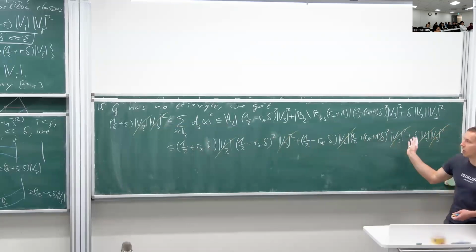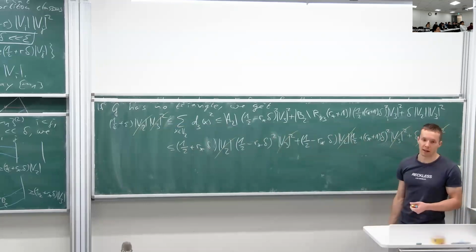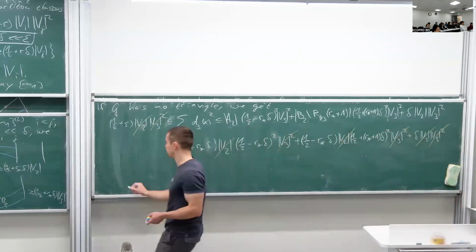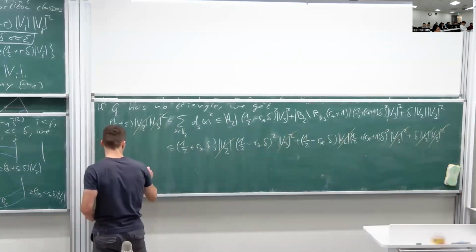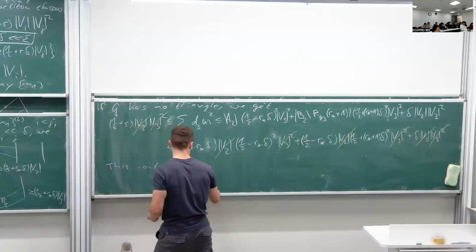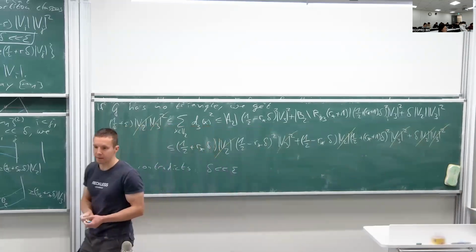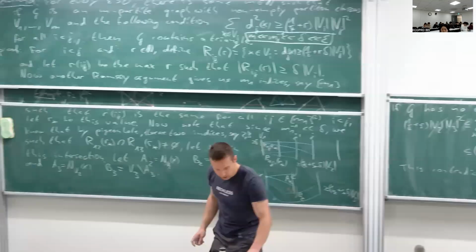And you can make the calculation that this gives a contradiction because our delta is much smaller than the epsilon. Okay, and that's the proof.